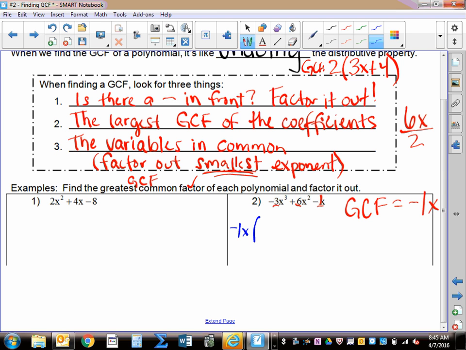Then put parentheses, so -1x parentheses. And I should see everyone writing this down. Alright, so now you need to ask yourself, what -1 times what gives you -3?